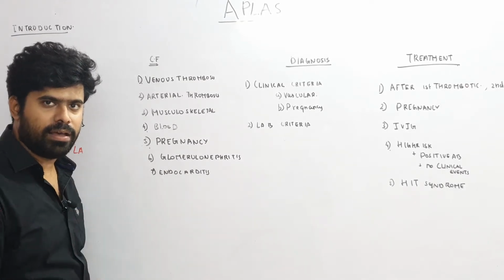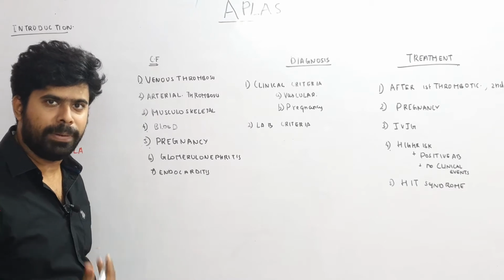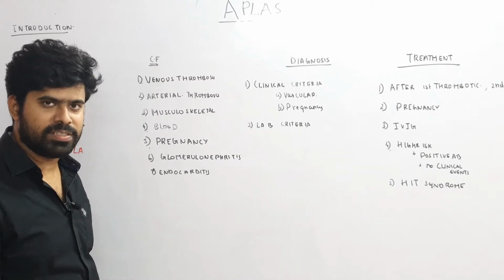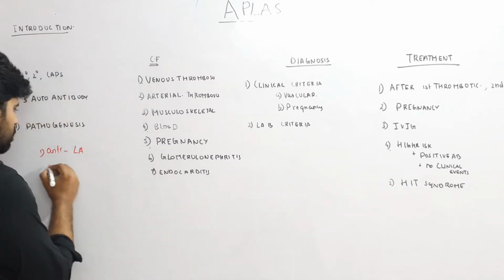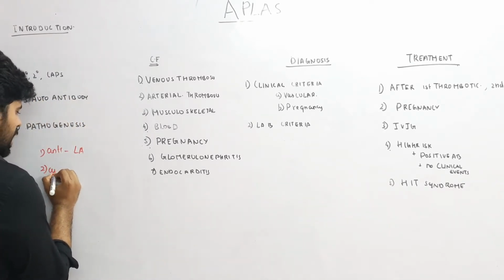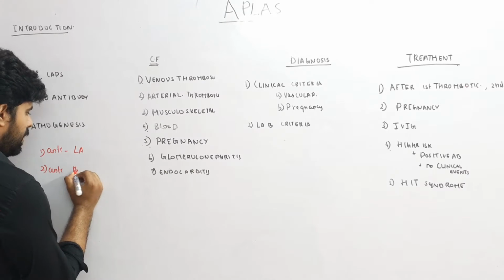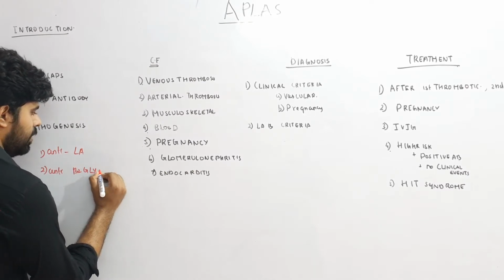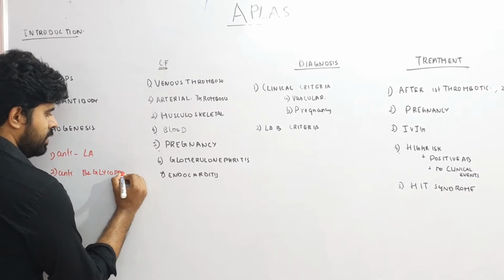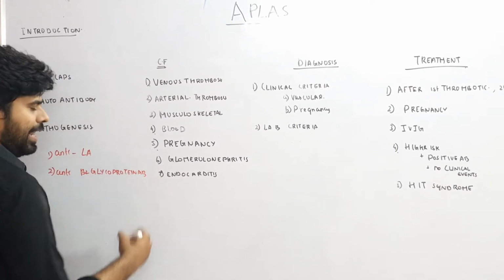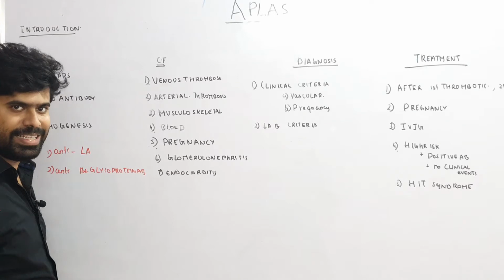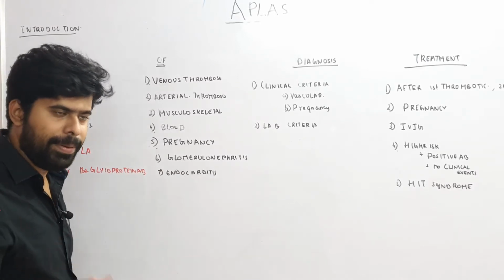It can be identified by prolonged APTT and PT, and by a special test called the dilute Russell viper venom test. Then the second one will be the anti-beta-2 glycoprotein antibody. This can be found by the ELISA method, and it is also very sensitive in the diagnosis of APLA syndrome.